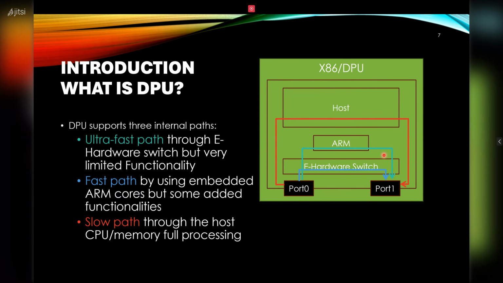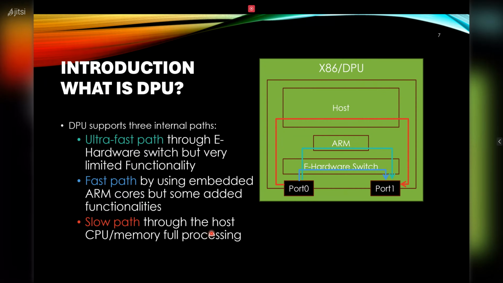The first time a packet arrives with these 5 tuples, we send it to the ARM, and then we have the ID, and we send this ID to the E hardware switch. If a new packet arrives matching this ID, it goes to the hardware switch. So only the first packet goes to the ARM. The next packets go from port 0 to port 1, or we can even send them to the host.